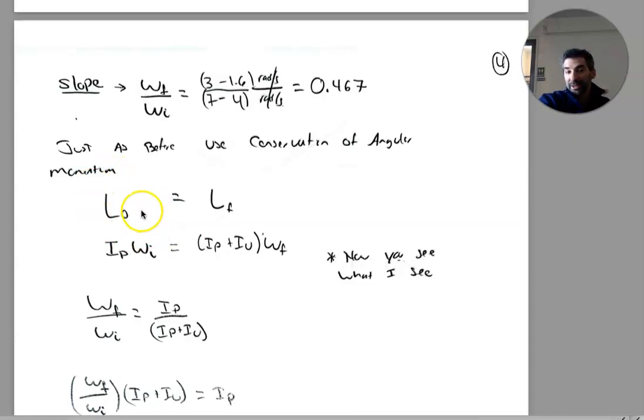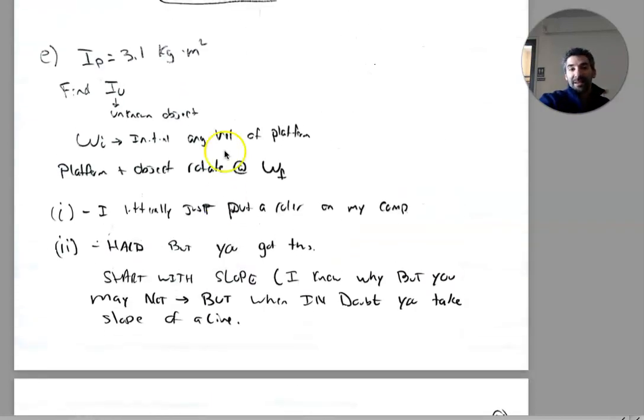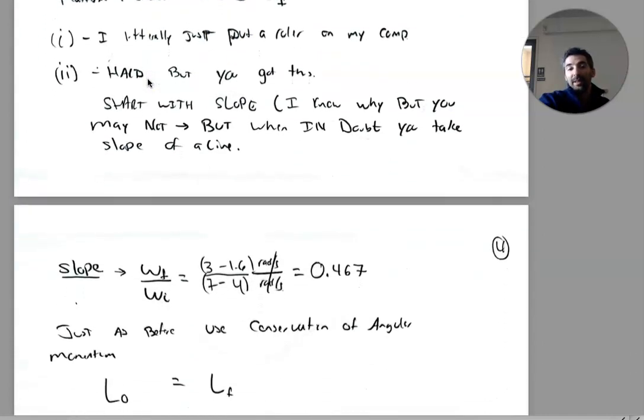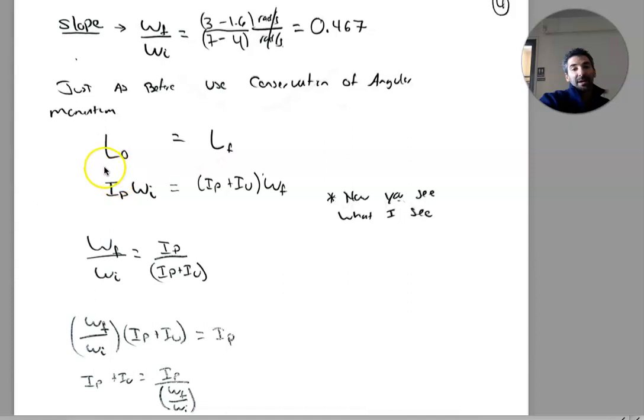So here I have my initial momentum equals my final momentum. And they gave us the moment of inertia of the platform of 3.1. That's going to be important. So here I said I platform, which I know, times my initial rotational velocity of the platform, which again I know, is equal to my final momentum.